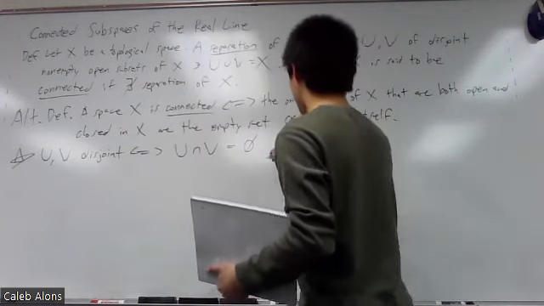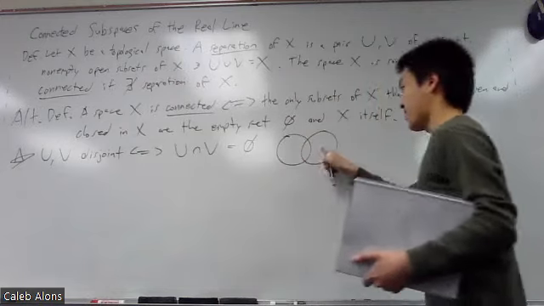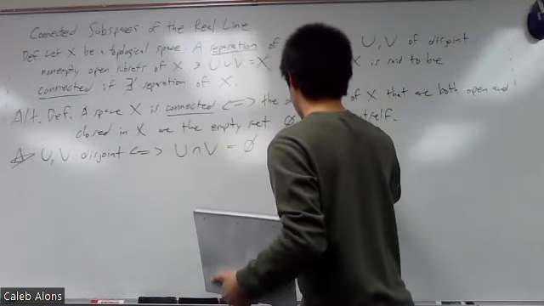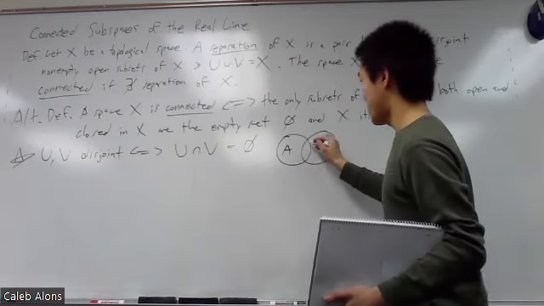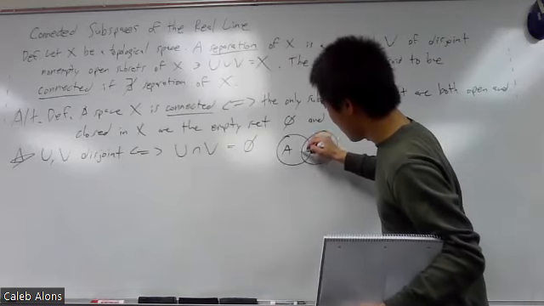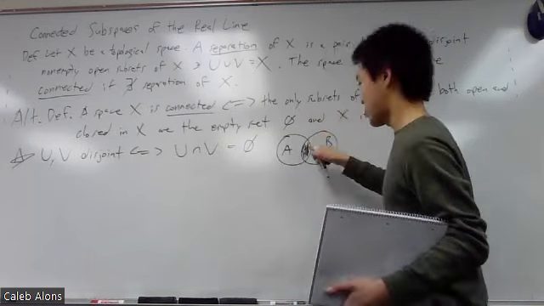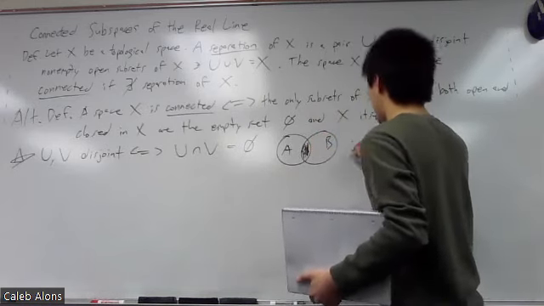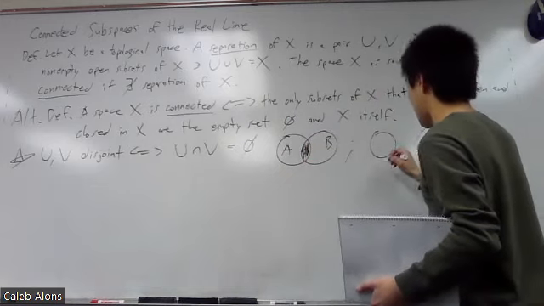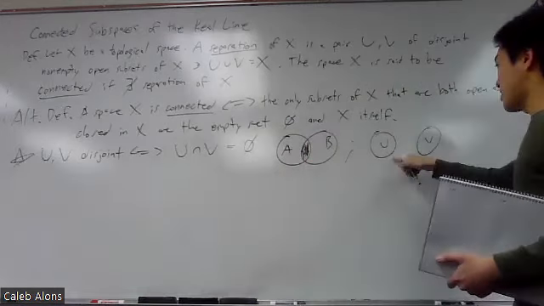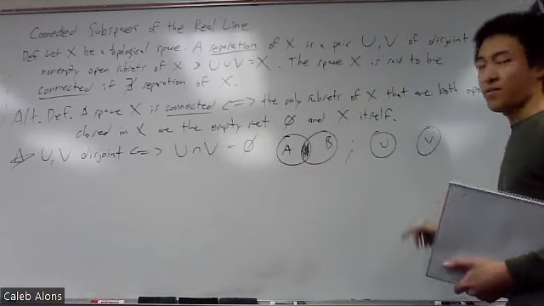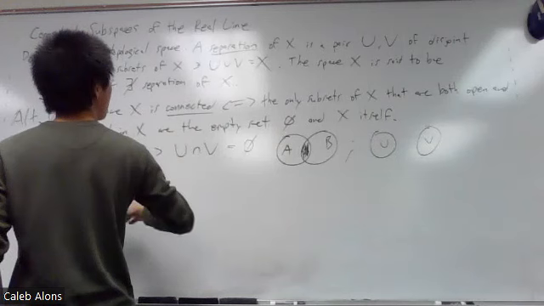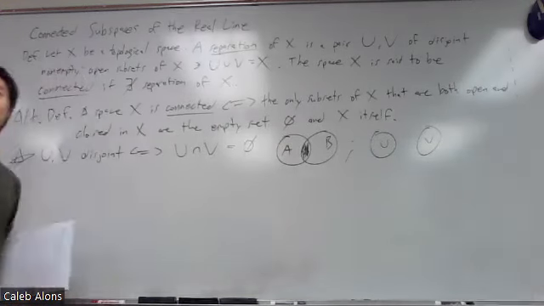So this set right here is not disjoint from this set, because if I had some A and this is B, the issue is if I take the intersection, that exists. So that actually has elements, it's not empty. Disjoint is saying, on the other hand, what if I need a U and a V so that if I do try to take the intersection, it's just empty. That's disjoint.